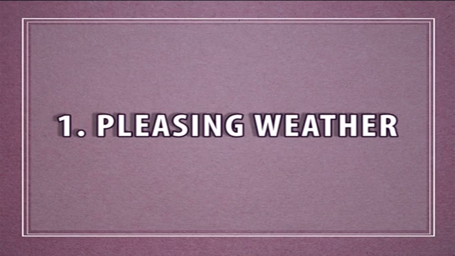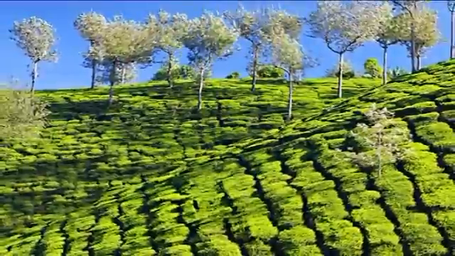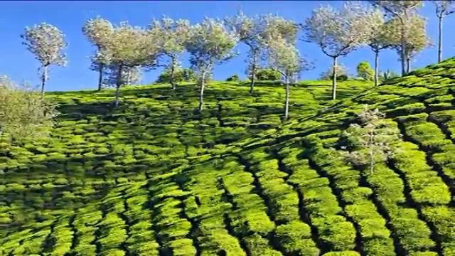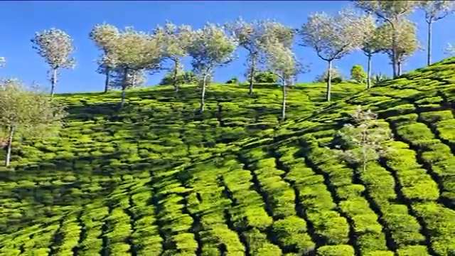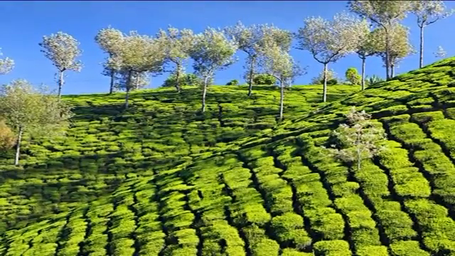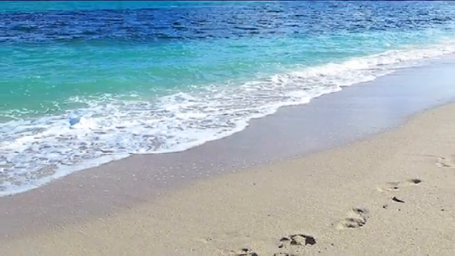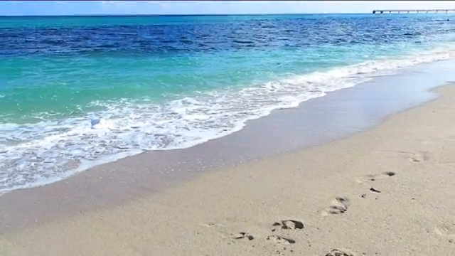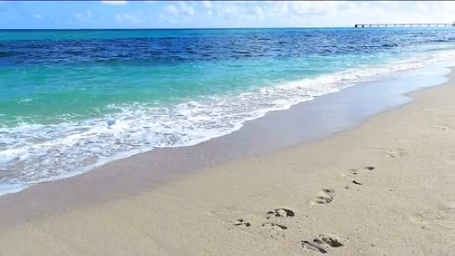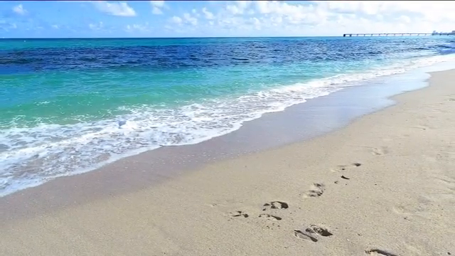First one, pleasing weather. Fine weather with warm sunshine is one of the most important attractions of any tourist place. Particularly, good weather plays an important role in making a holiday a pleasant or an unpleasant experience. Tourists from countries with extremes of weather visit beaches in search of fine weather and sunshine.